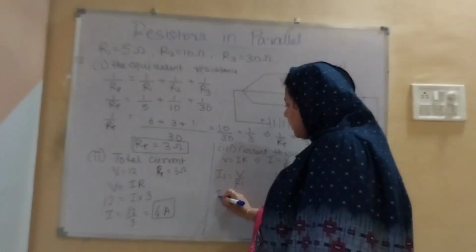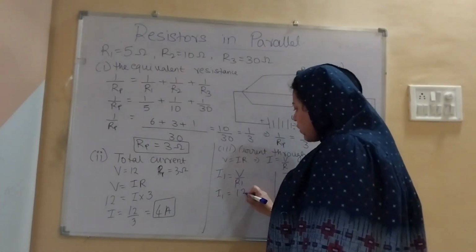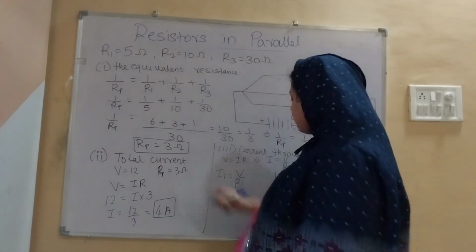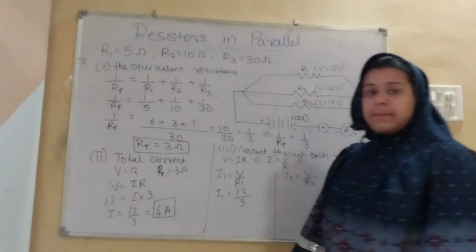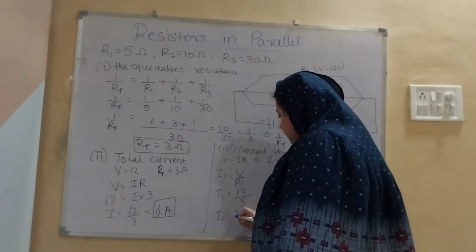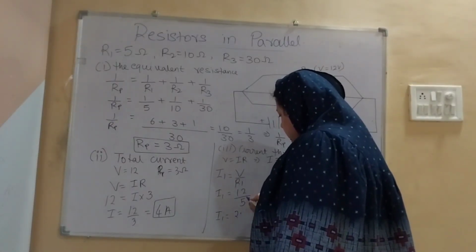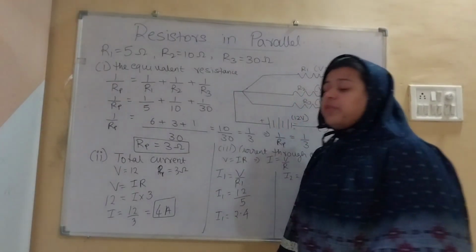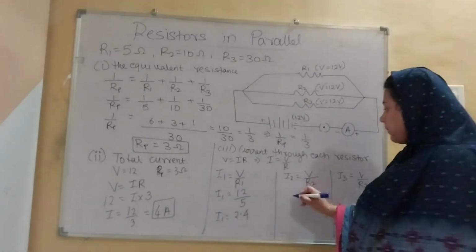So to find I1, potential difference is 12, R1 is 5. So I1 will be equal to 2.4. Okay.